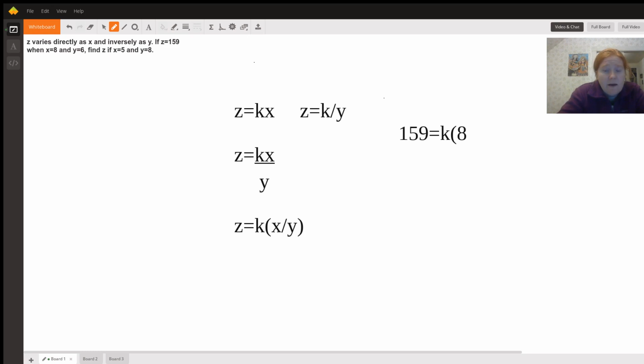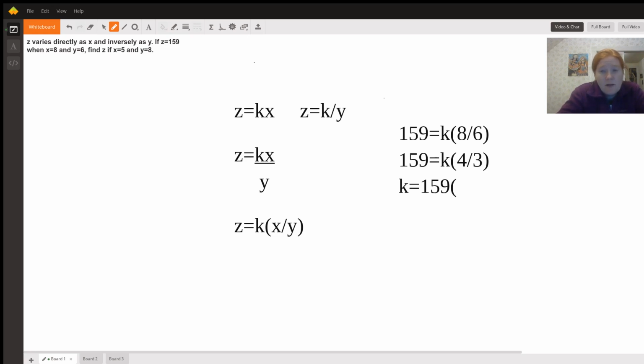It's 8, and Y is 6. So there's a simple equation with one unknown, K. We can solve for it. I'll simplify a tiny bit because 8 divided by 6, they're both even, so that is 4 divided by 3.